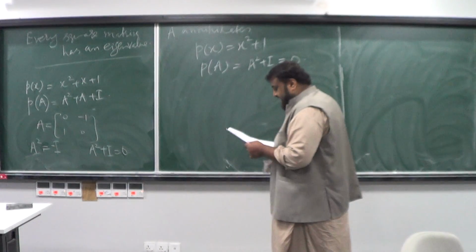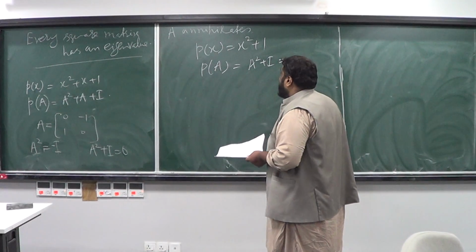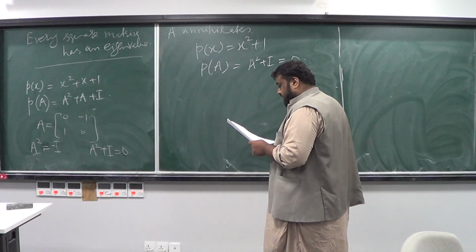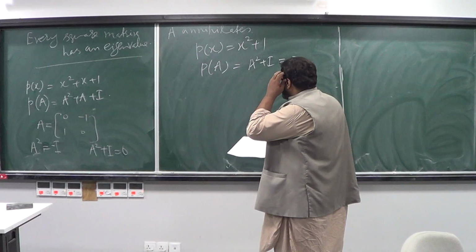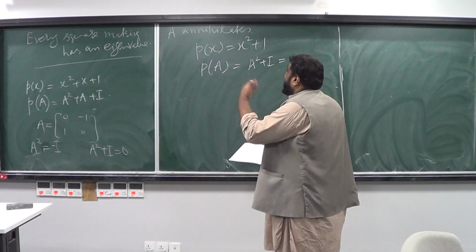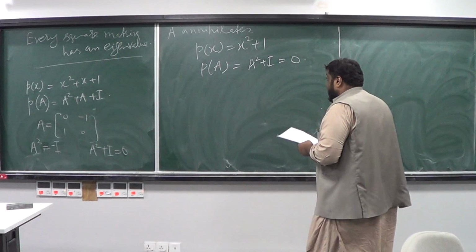So you're going to say that this matrix A annihilates the polynomial, or you can also say that the polynomial annihilates the matrix A, or the other way around.